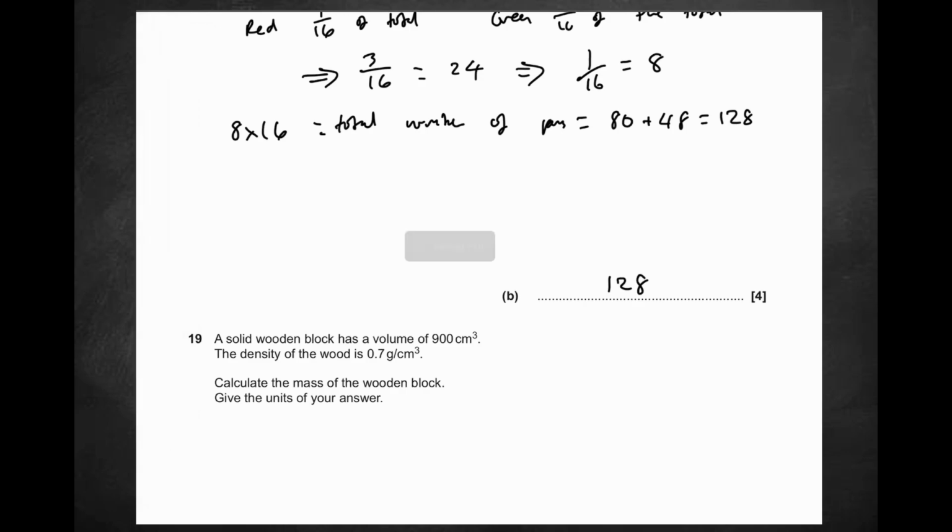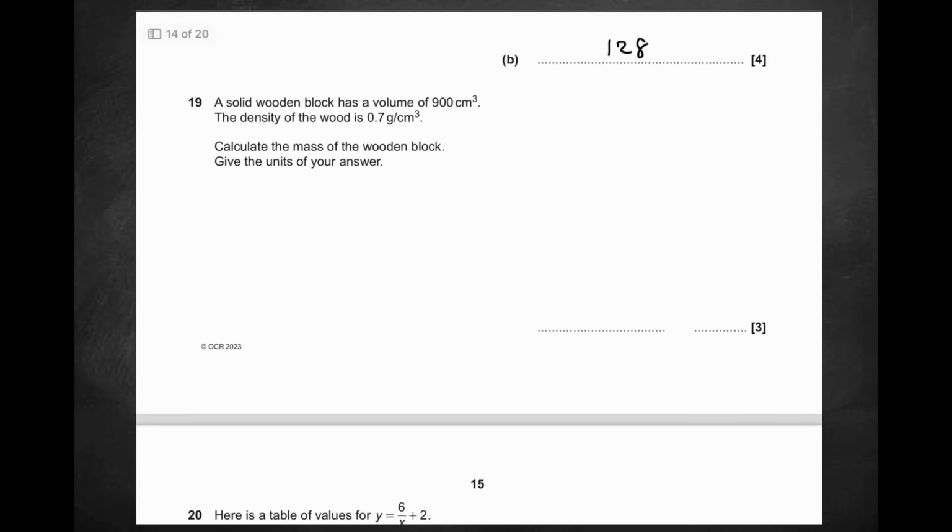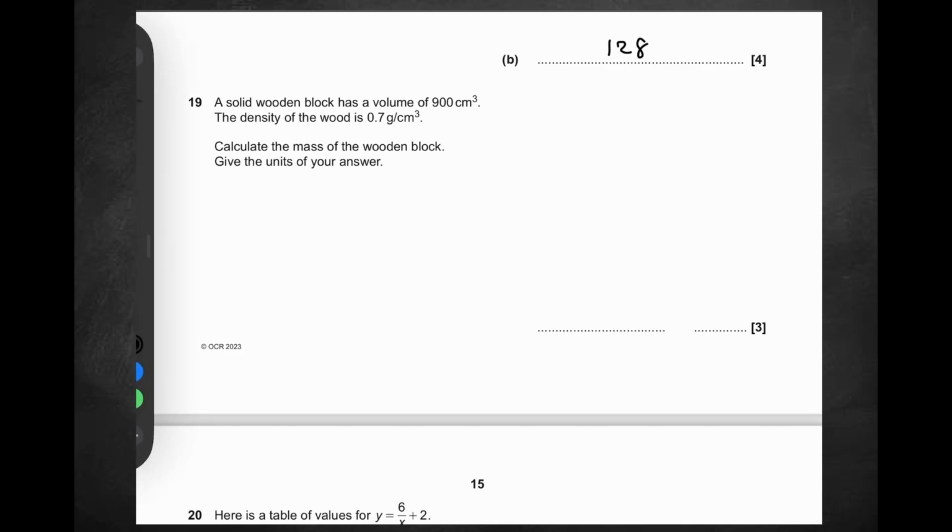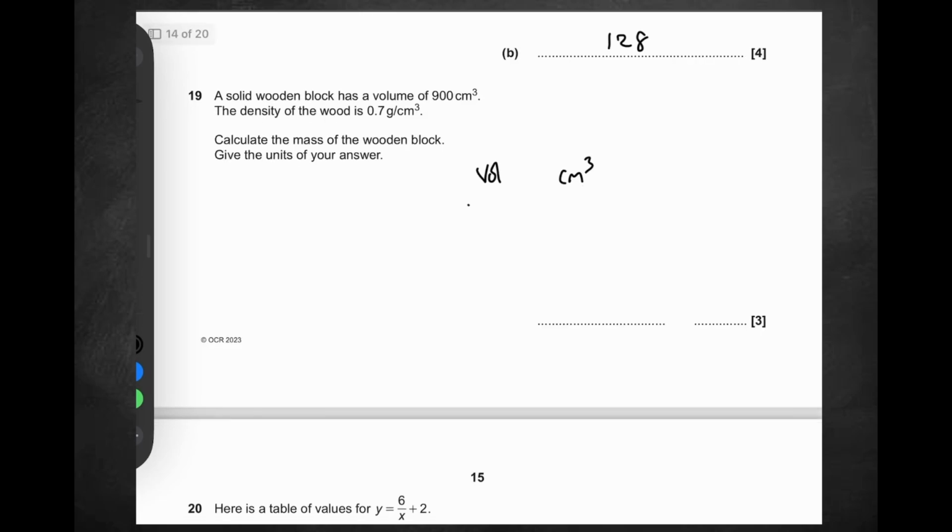128. Question 19. A solid wooden block has a volume of 900 cubic centimetres. The density of the wood is 0.7 grams per centimetre cubed. Calculate the mass of the wooden block. Give the units of your answer. So, if we just look at the units first, we have volume in centimetre cubed, density in grams per centimetre cubed, which means mass is in grams.